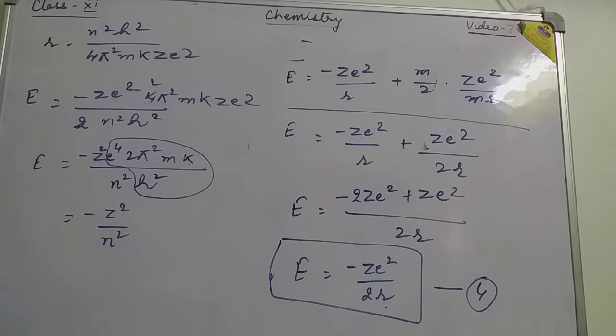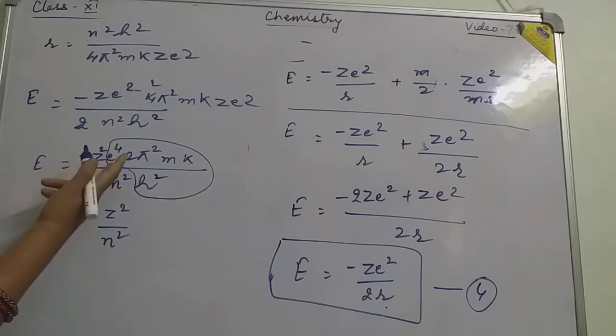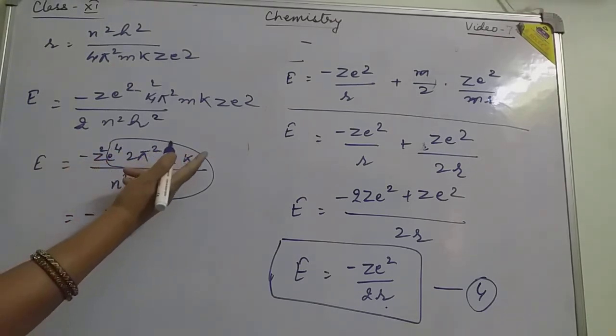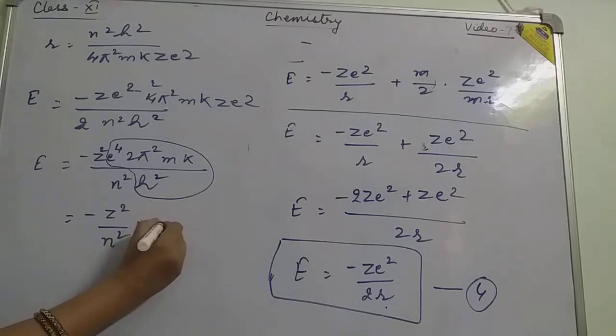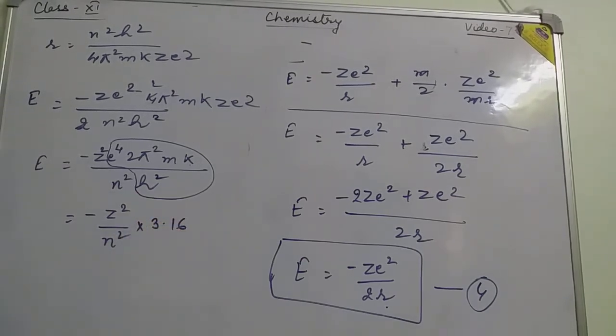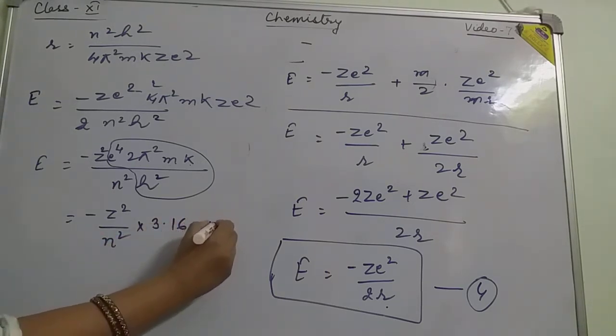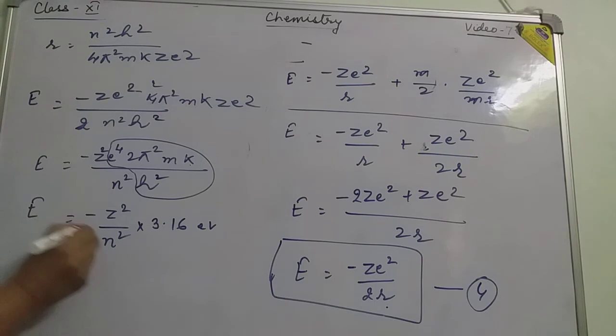So the value of the total constant 2 pi square e 4 m k by h square is 13.6 electron volt. So E equal to this.